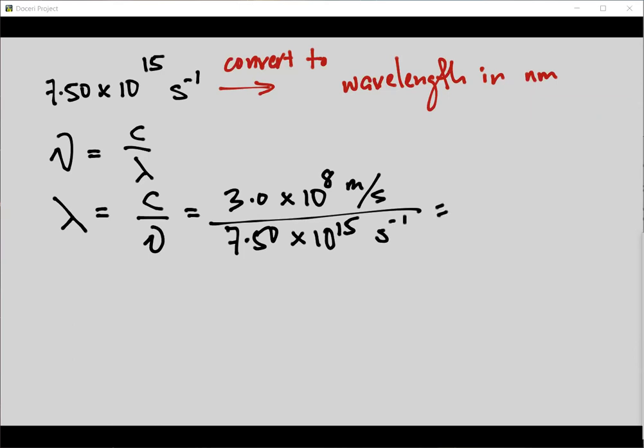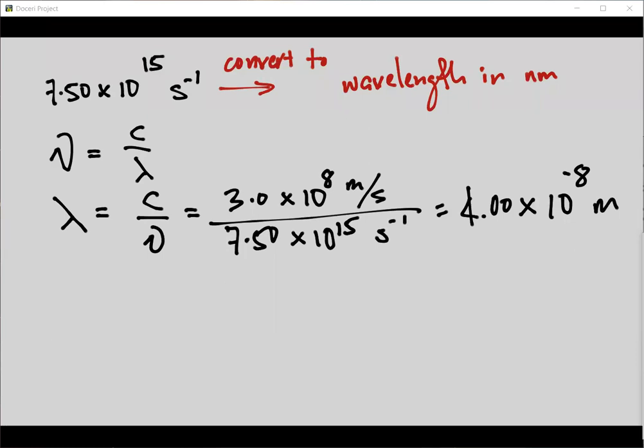All right, so we can plug this into the calculator. Let's see what we get. 3 times 10 to the 8th power divided by 7.50 times 10 to the 15th. So when you plug this into the calculator, you get 4.00 times 10 to the negative 8 meter.